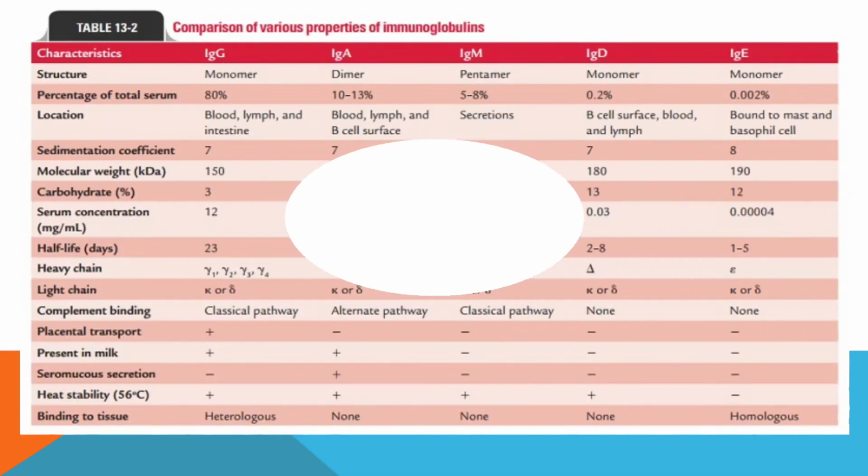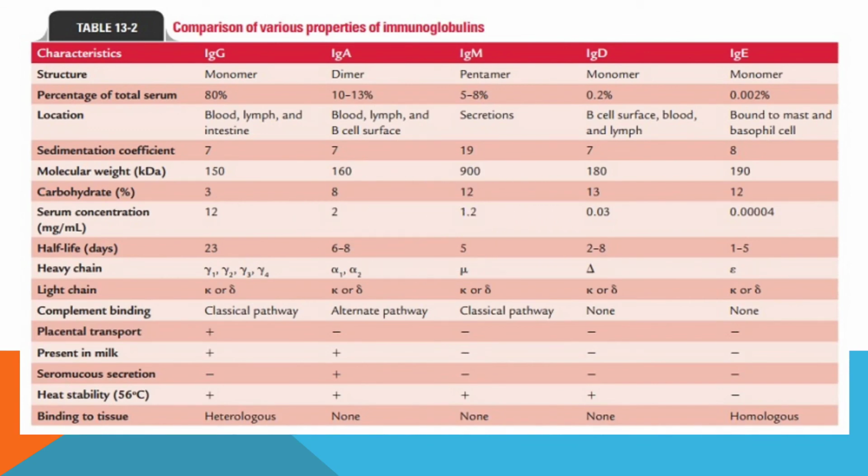Coming to the major differences between all these 5 classes of immunoglobulins. Coming to the structure, IgG is a monomer, IgA is a dimer, IgM is a pentamer, IgD is a monomer, and IgE is also a monomer.